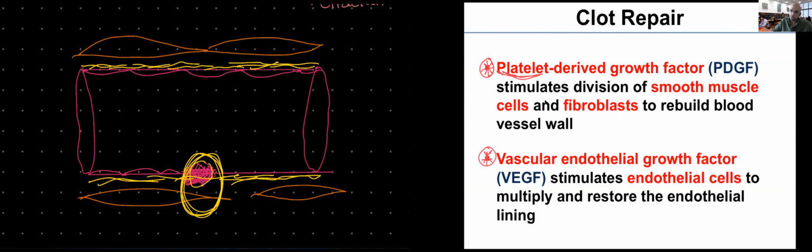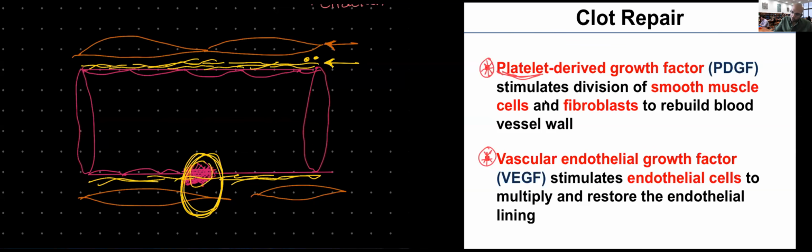And this was one of the granular contents of my platelets. Platelet-derived growth factor is going to be stimulating both the smooth muscle cells to proliferate and the fibroblasts, which are the cells responsible to build up my connective tissue, to build the connective tissue back into my blood vessel wall.